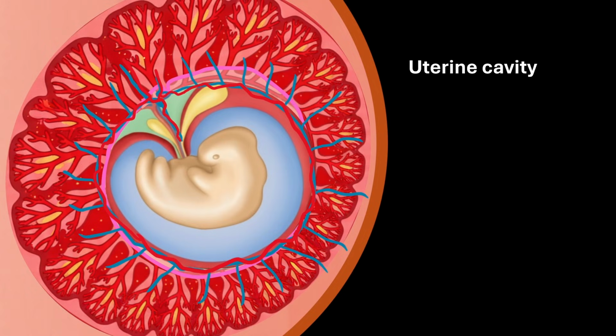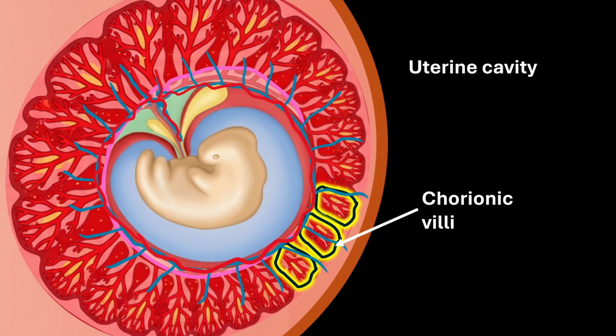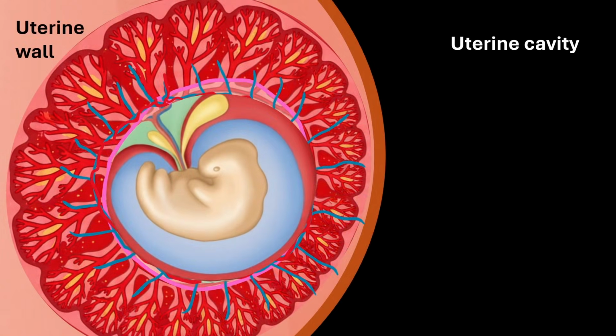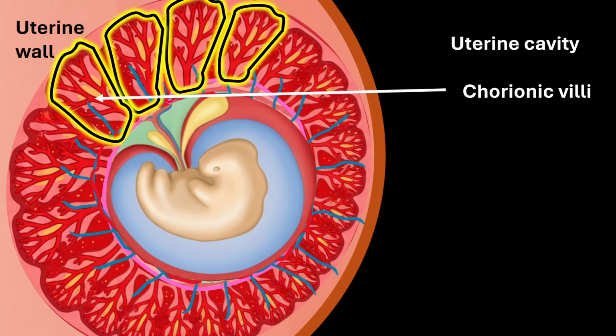As the fetus grows, it bulges into the uterine cavity. Due to this, the chorionic villi facing the uterine cavity gradually become smaller and they form a smooth chorion. In contrast, the chorionic villi facing the uterine wall persist and becomes highly branched.